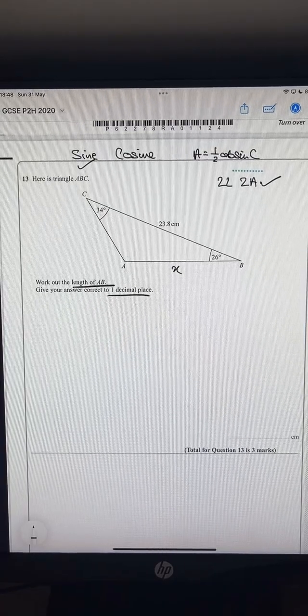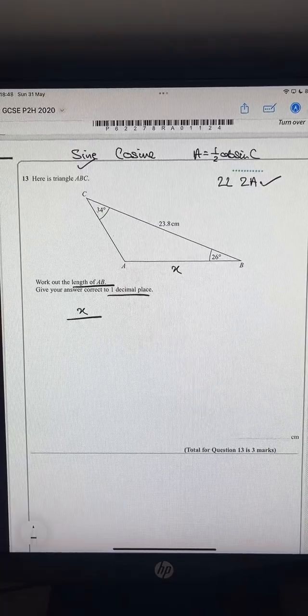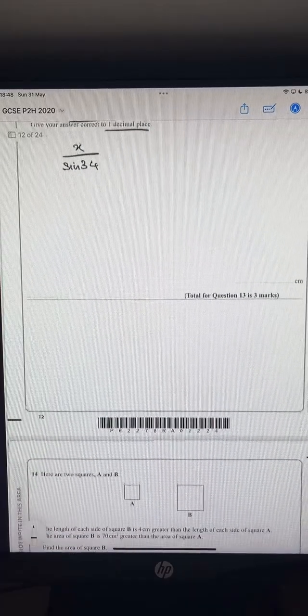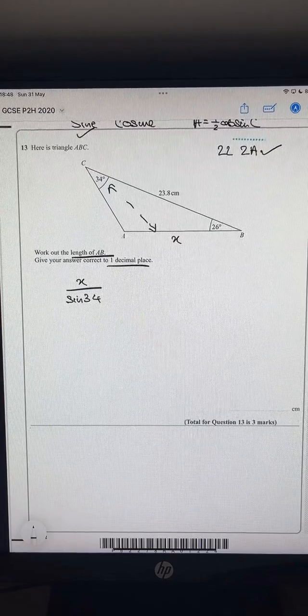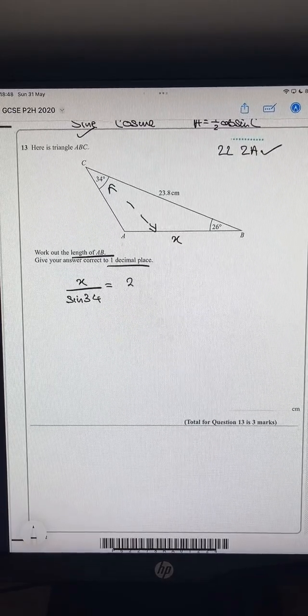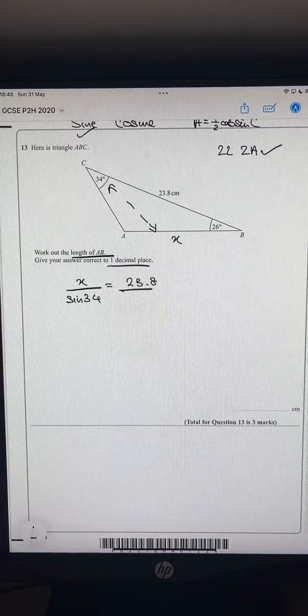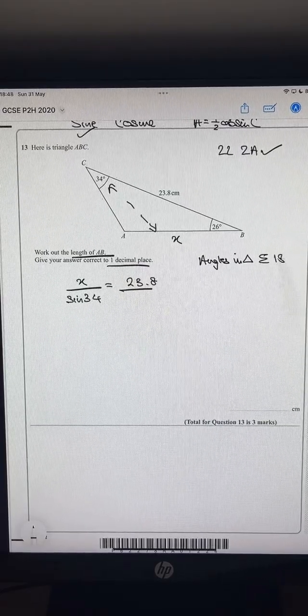So we need to find out angle AB. So we need x over sine of 34, because that's my angle opposite the side length, like this for visual. And that's going to be equal to my other side length, 23.8. And oh, look, I'm missing an angle here, but it's not too bad because we know that angles in a triangle sum to 180 degrees.